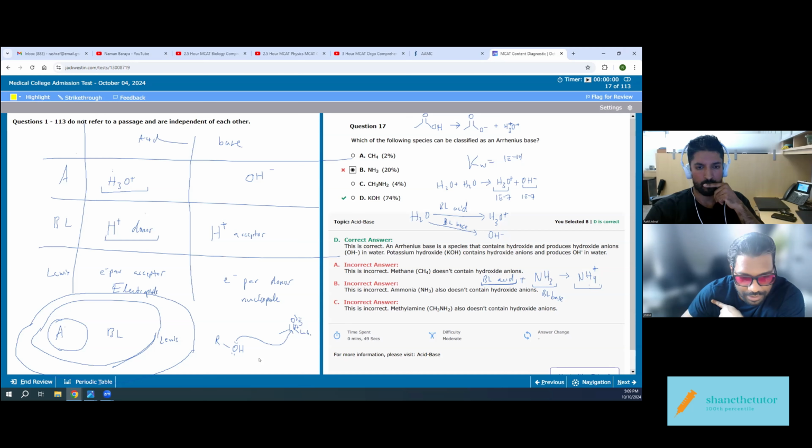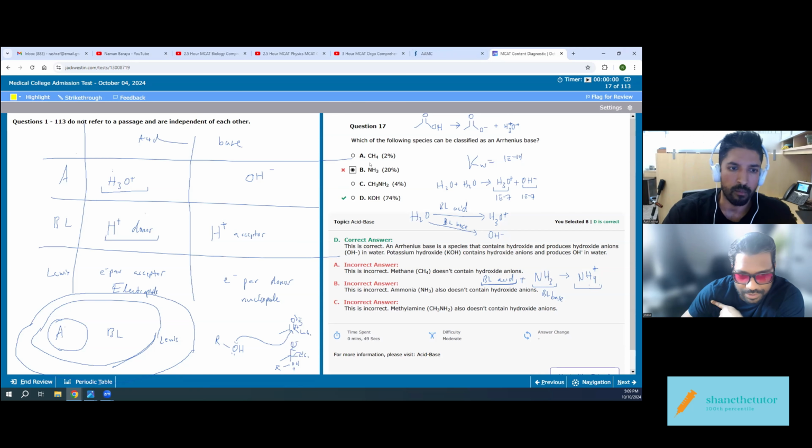So the intermediate is going to look like this, and this will be a plus here. Then when this comes back to reform the double bond, it'll kick off that leaving group. Any questions about these?